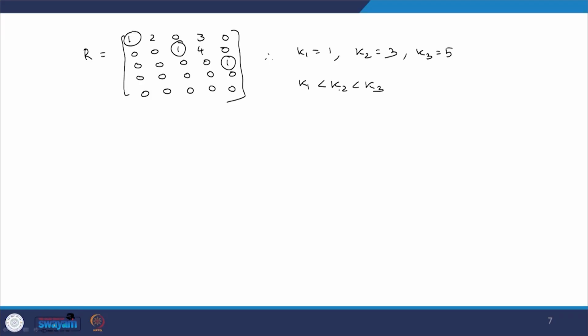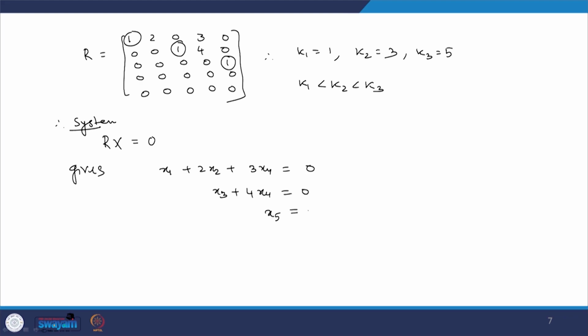Accordingly, from the solution point of view, let me write down again the system Rx equal to 0. This gives x1 plus 2x2 plus 3x4 equal to 0, then x3 plus 4x4 equal to 0, and x5 equal to 0.